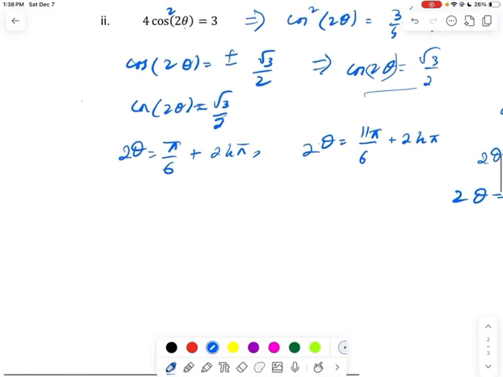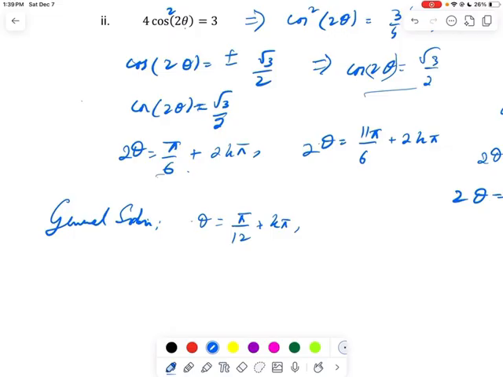So now, is this the general solution? No, this is not the general solution yet. What is the next step to do? The next step is to divide by this 2, so to get theta. Now I can say general solution. Theta equals, I have to divide both terms by 2. So I get pi over 12 plus k pi.